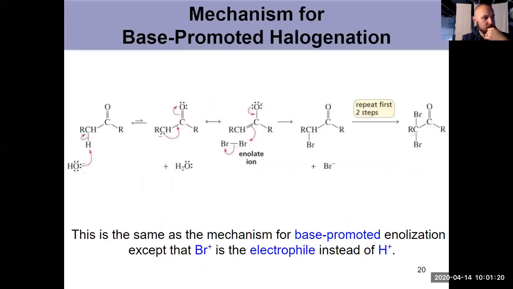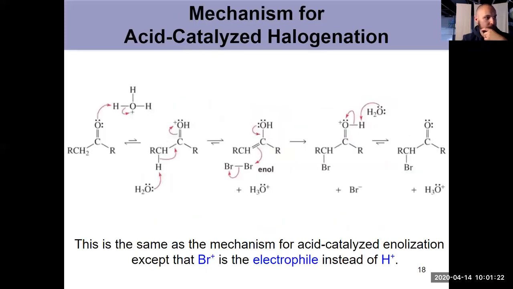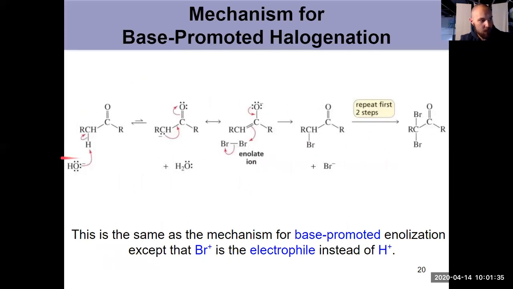So it's all about the first step, jumping backward again, right? Here, if it's acid catalyzed, it makes this first step more difficult, which is why for an acid catalyzed alpha substitution with a halogen, we only do it once. But it makes the deprotonation here easier, which is why we replace all of those alpha hydrogens.